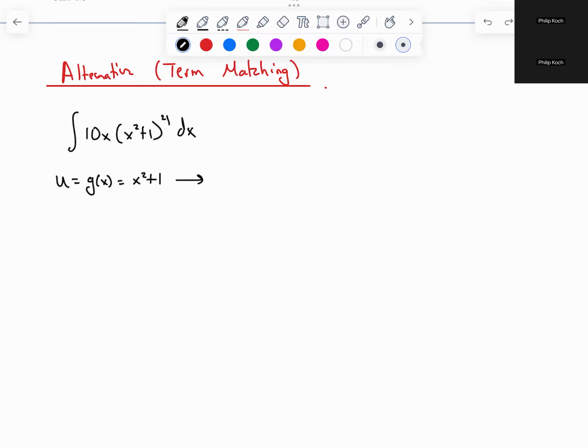I just do not like this method for a myriad of reasons, but let's go through it. So your function is x to the fourth, so that f of g of x is equal to (x squared plus 1) to the fourth power. But furthermore, g prime of x is equal to 2x.